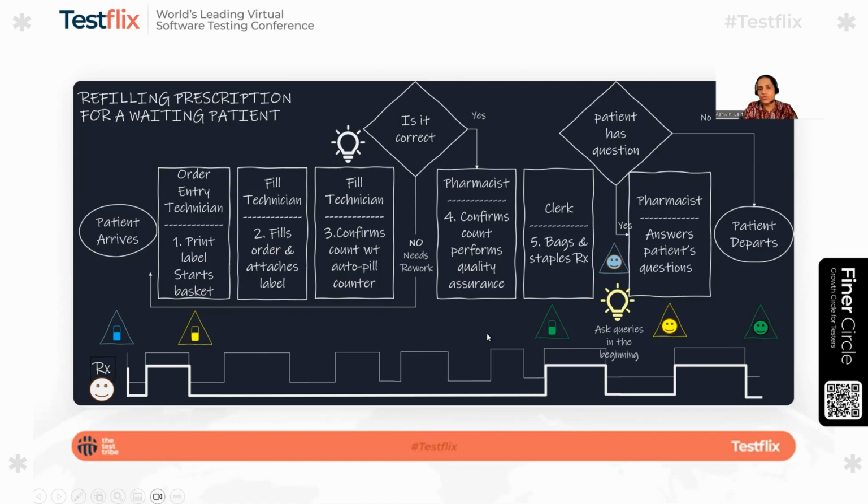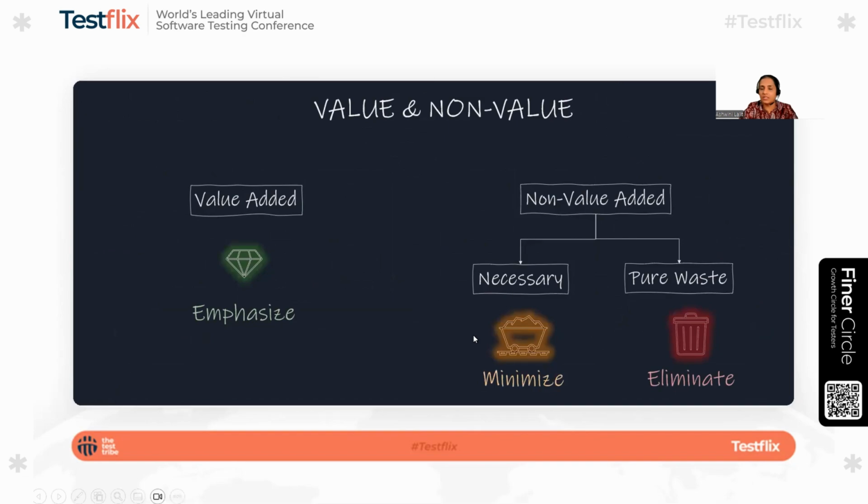What we want to look at is value is visualized always from the customer's perspective. Any activity for which the customer is ready to pay for is value added activity. You want to emphasize on that. Anything for which the customer doesn't pay for is waste, and also it reduces the efficiency of organization.